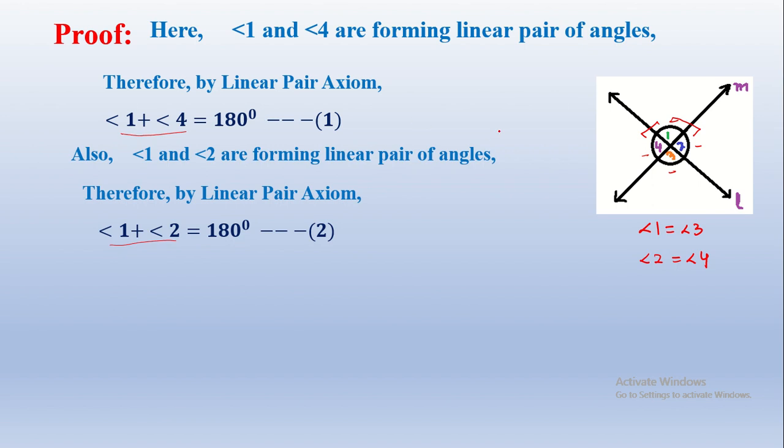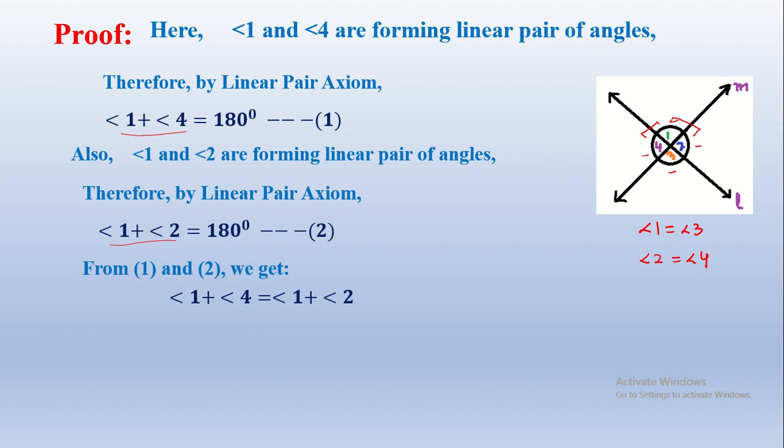We know from Euclid's first axiom that when two things are equal to the same thing, then they are equal to one another. Thus, using Euclid's axiom 1, from first and second, we get angle 1 plus angle 4 is equal to angle 1 plus angle 2.